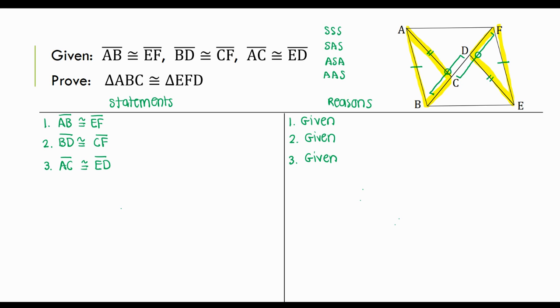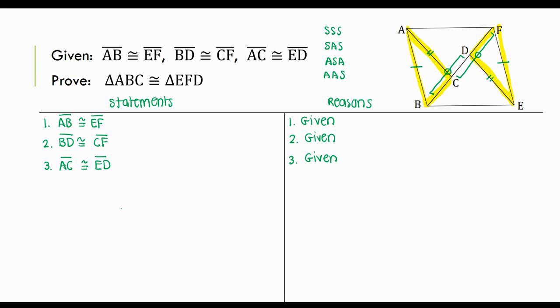Notice that while I have 3 different segments that are given to us, I hope you are aware that we don't quite have congruent triangles yet, because not every single side relates to the triangles that I highlighted. Notice that BD and CF are 2 segments that are bigger than the triangles. So that's a problem. I can't just say my 4th step is what I'm trying to prove.